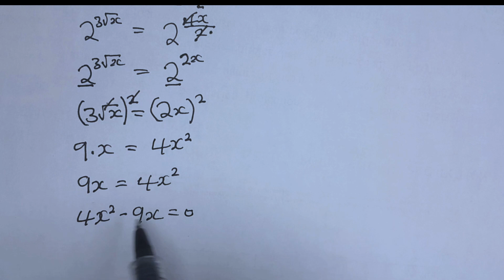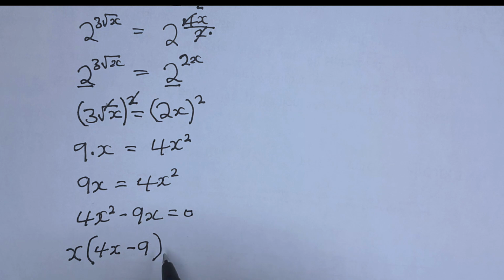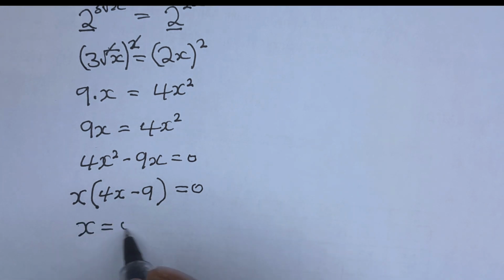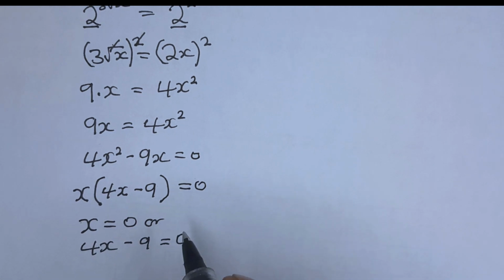Then we have x in common, so we can factor x outside. x open bracket 4x minus 9 close bracket, which is equal to 0. Now we have two solutions to solve. x is equal to 0, or 4x minus 9 is equal to 0.